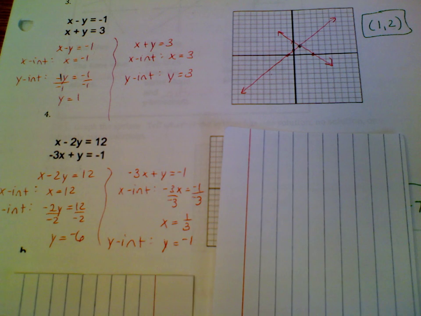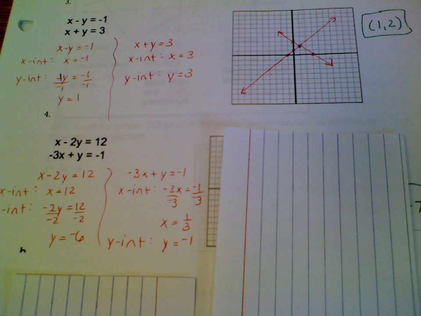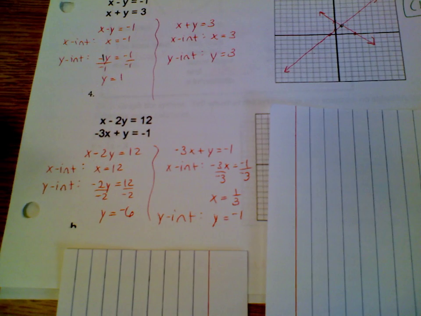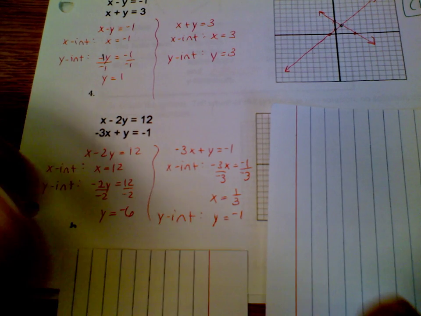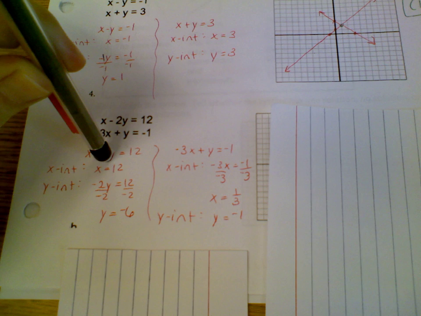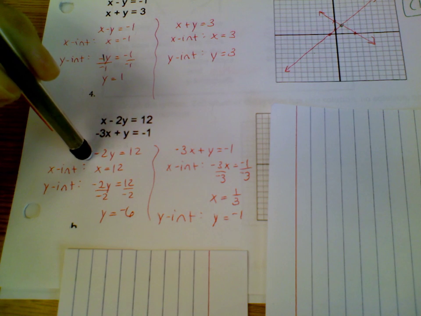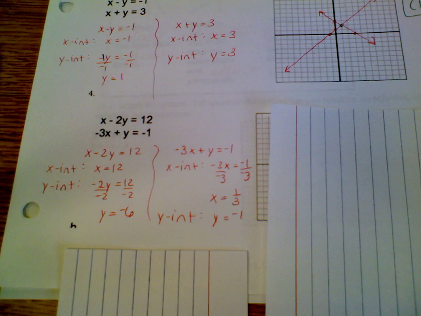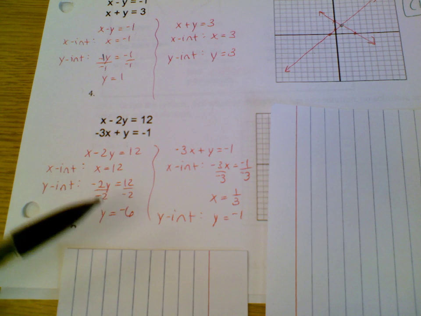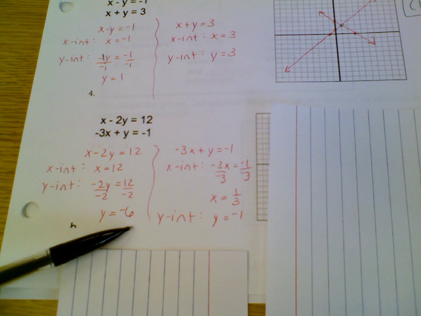On the last question, here is your original, so double check your intercepts. You should have covered up the y and got x-intercept at 12. When I covered up the x, I got -2y equals 12, so I would have to do some solving and divide both sides by -2, so my y-intercept's at -6.